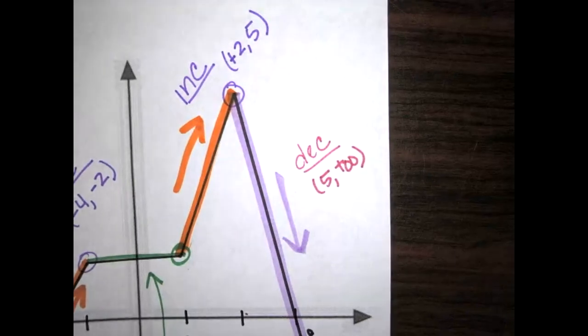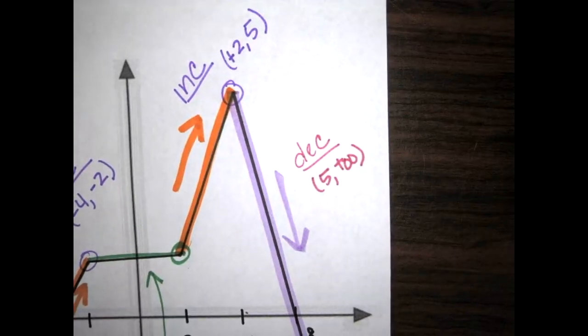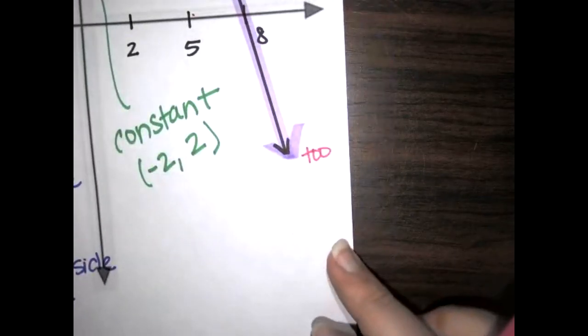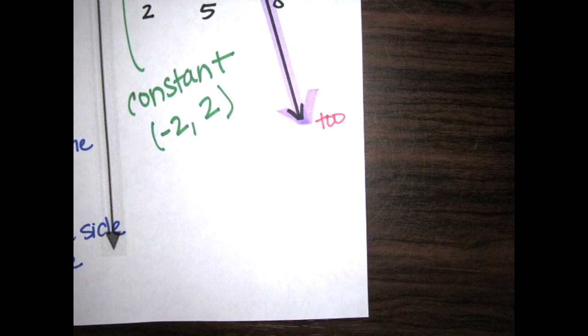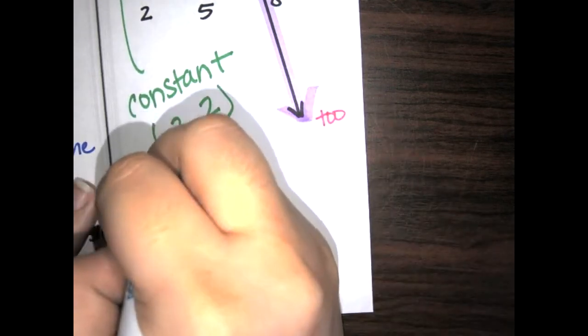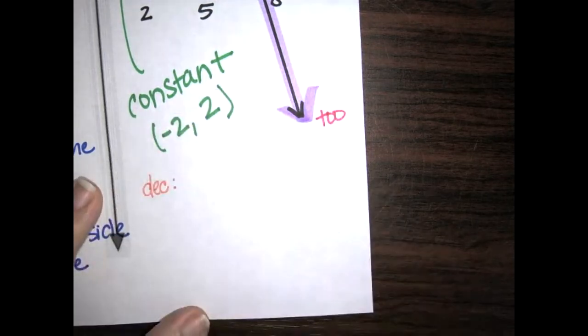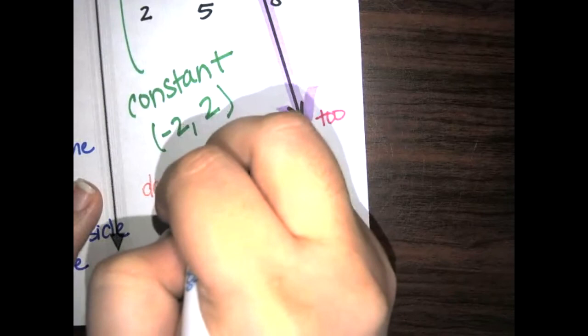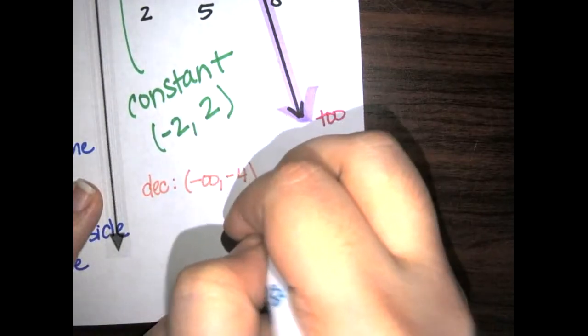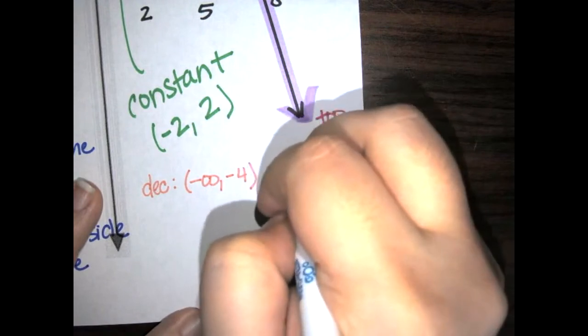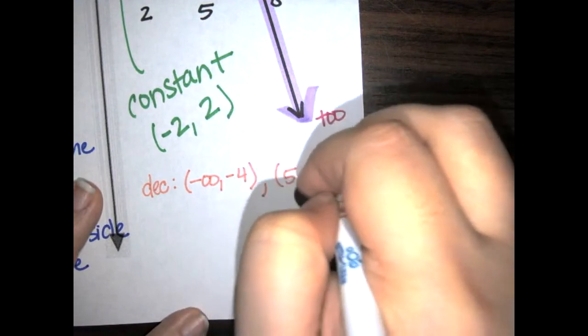So what do we actually have? If we were to make our notes, what do we know? We know for a fact that the following is happening. We have some decreasing intervals: we are decreasing from negative infinity to -4, and then again we're decreasing from 5 to positive infinity.